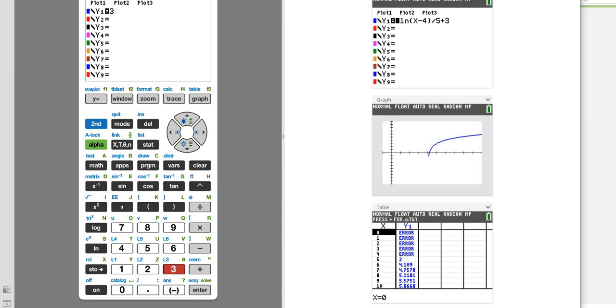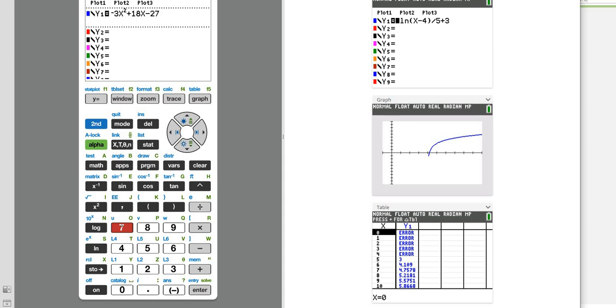Negative 3x squared plus 18x. And what was it after the 18x? Minus 27. Yep, happy with that.